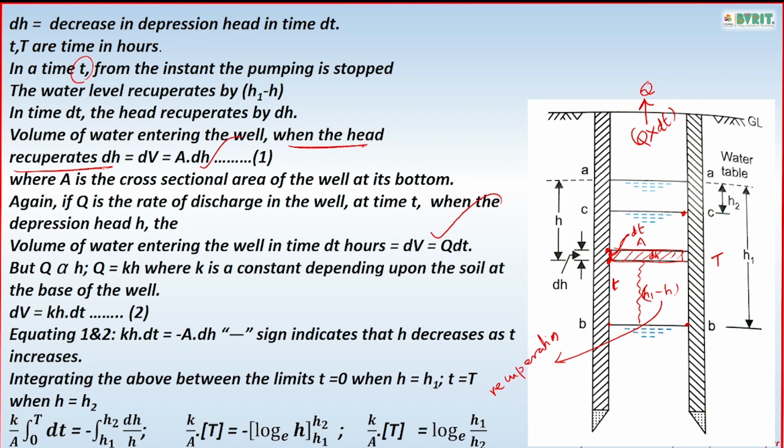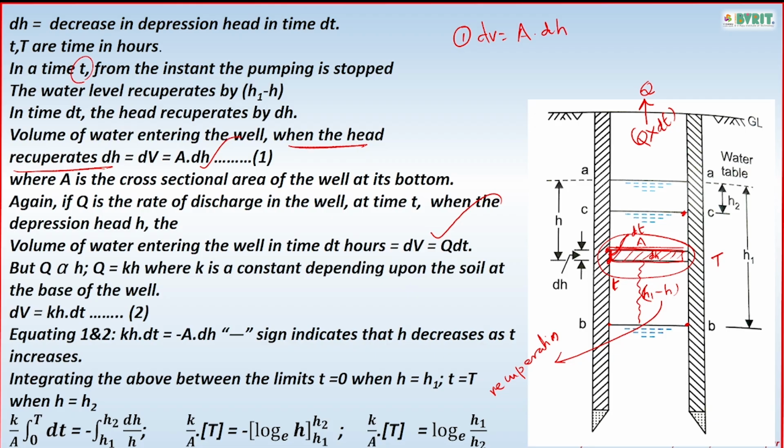So there are two equations. What is the first equation? We consider at any time t, the level of water is this. In a small time dt, the well has recouped by this amount. So what is the volume? Volume is equal to area into height.